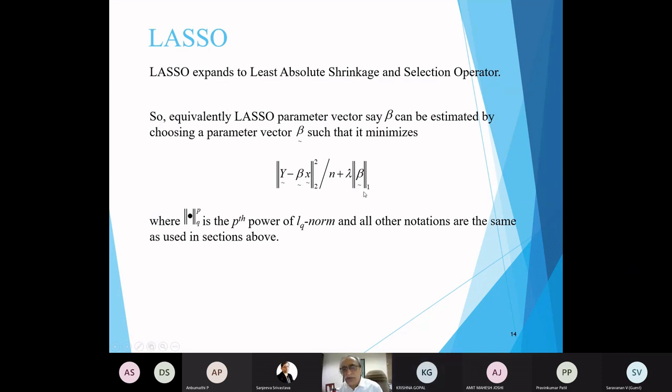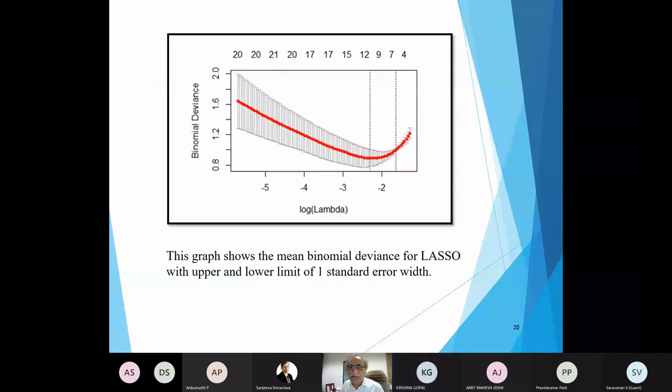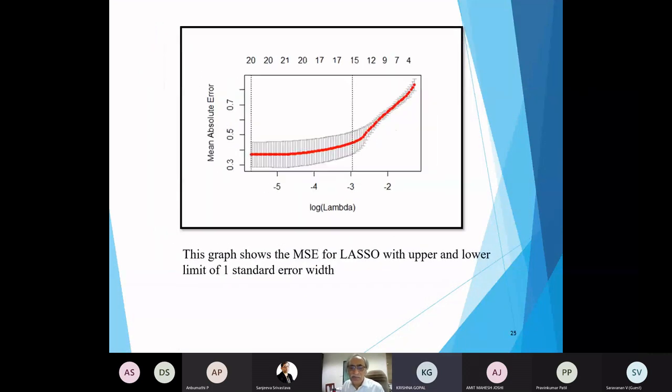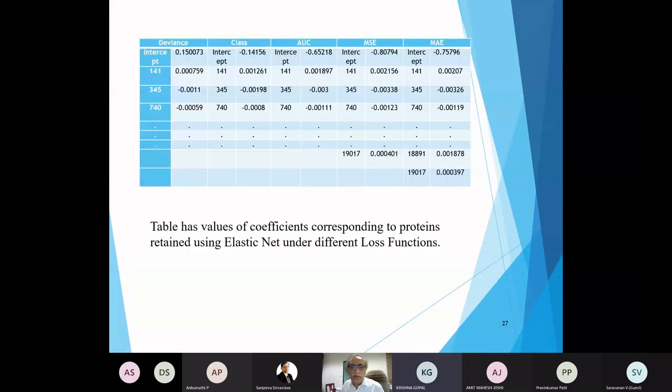And if you use the convex combination of L1 norm and L2 norm, that is referred to as the elastic net. So instead of lambda times norm of beta 1, I have lambda times alpha times norm of beta 1 plus 1 minus alpha times norm of beta 2. That is elastic net, and those results are also obtained using elastic net.